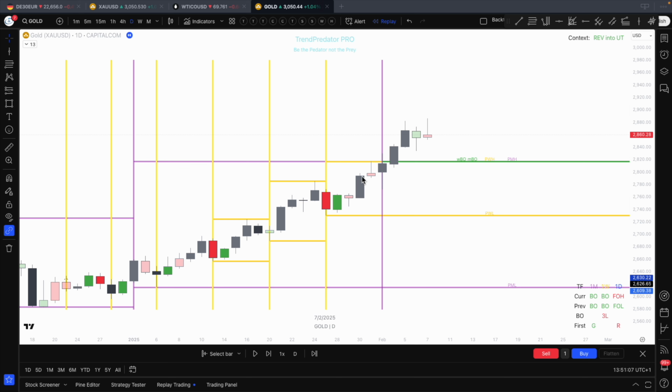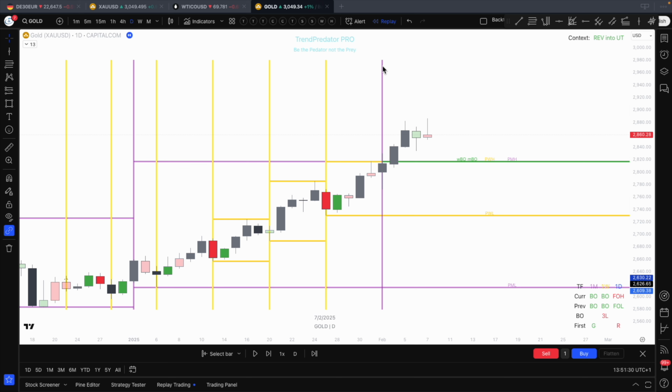So you have a daily chart here, and you see the colors are my TrendPredator fake out indicator, and you see immediately why this is interesting and helpful. You are on the daily time frame, so you only see day, week, and month tables, but that's all you need there, and you see the context that is identified by TrendPredator Pro.